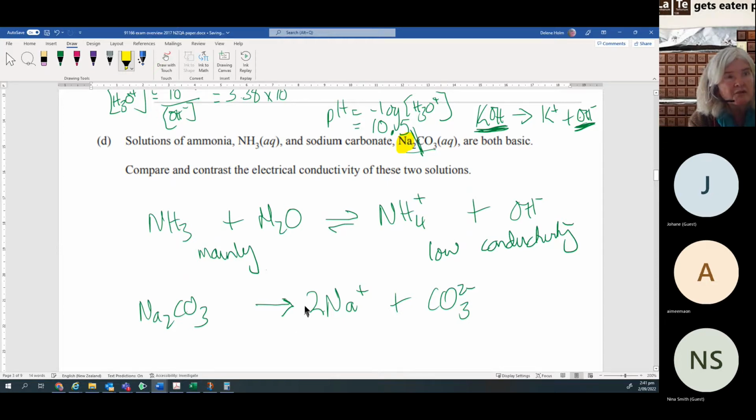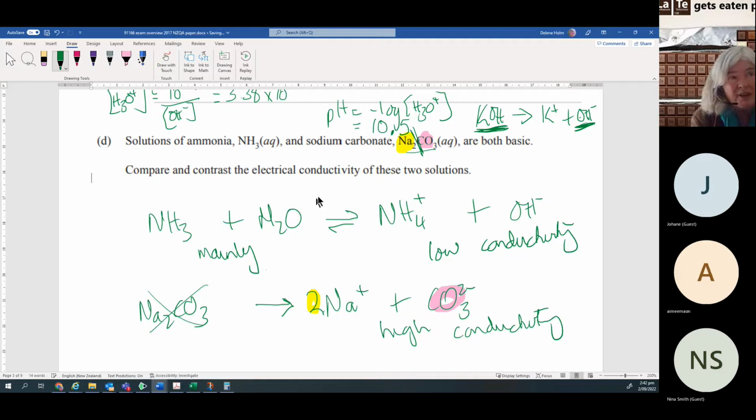So I've got 2 of them. And I've got my anion. So you just look for the metal part, that is the cation. The non-metal part over here is the anion. Now, I've obviously got lots of ions in solution because I've got none of this left. That's gone completely into Na plus and CO3 2 minus. So I'm going to have lots of ions in solution that are able to carry a current. So this will be a high conductivity.